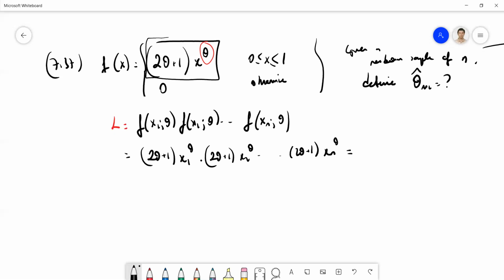As you can see, this is very much similar to the Poisson distribution approach. So it's going to be 2 theta plus 1 raised to the power n, and then these are going to be x1, x2, xn. So let me write it that way: product of xi raised to the power theta.